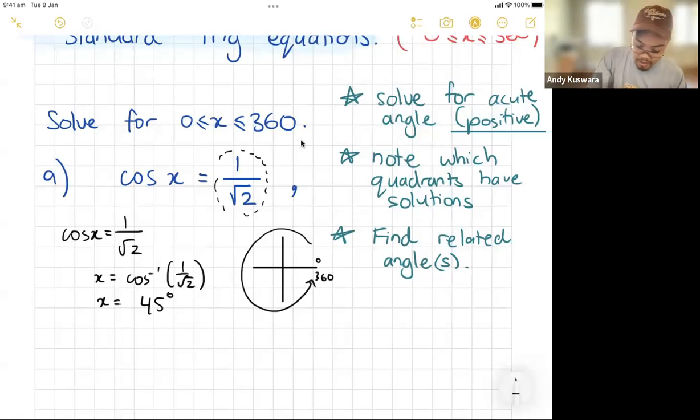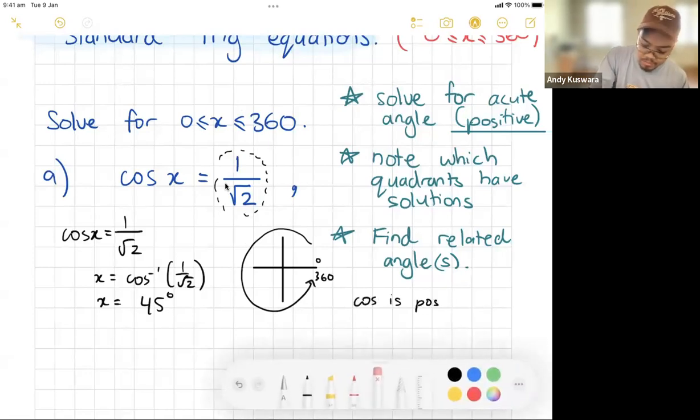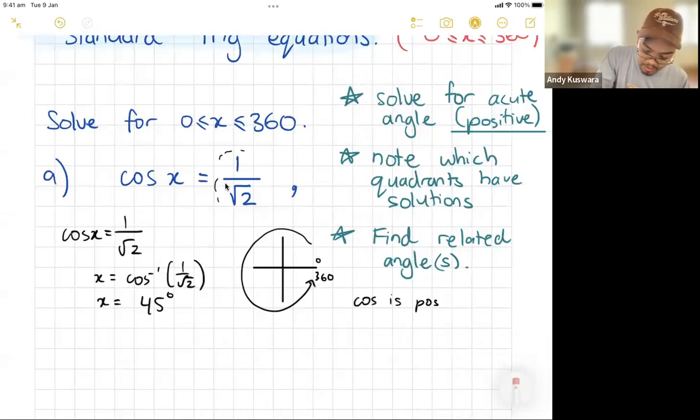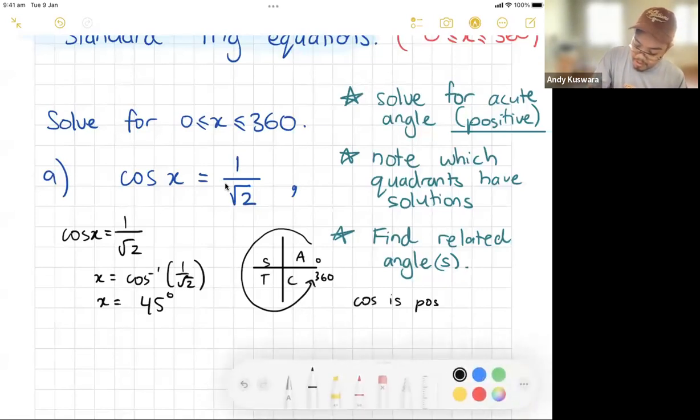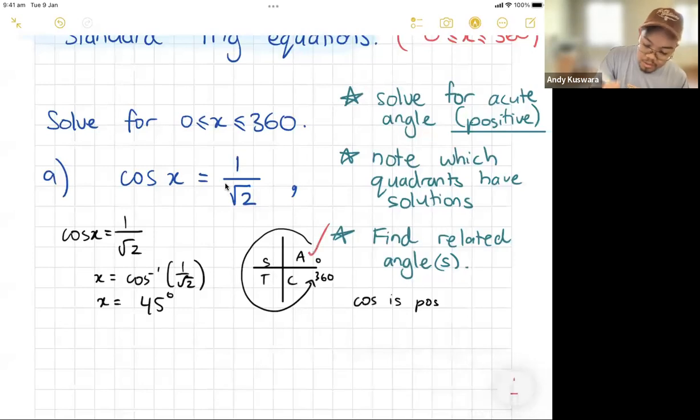And I've noticed here that cosine x is either positive or negative, and in this case, 1 on root 2 is positive. So cos is positive. If I take a look at my all stations to central, I can see that cos is positive in the first quadrant and in the fourth quadrant.